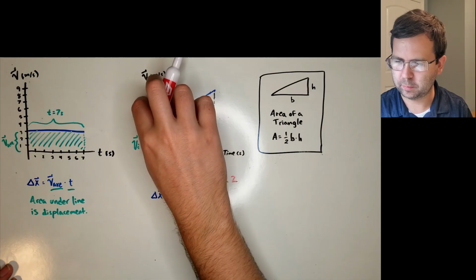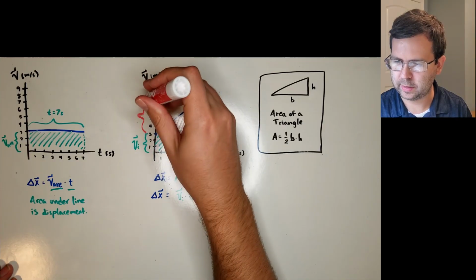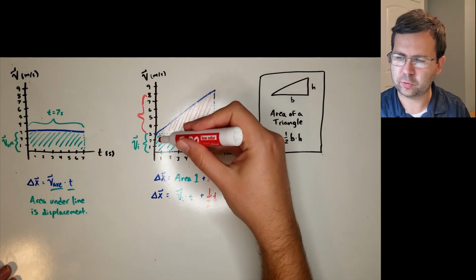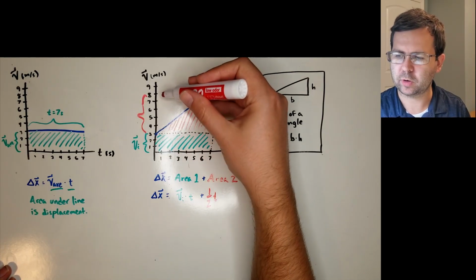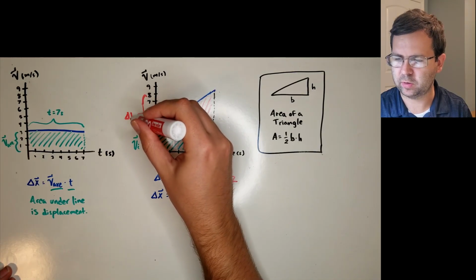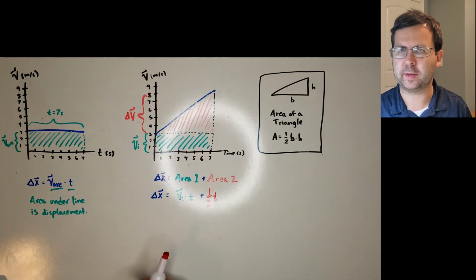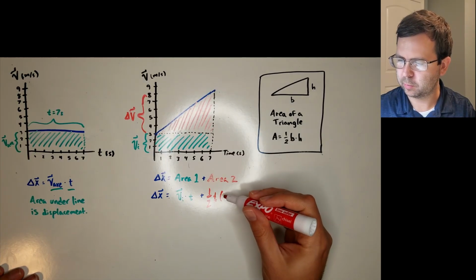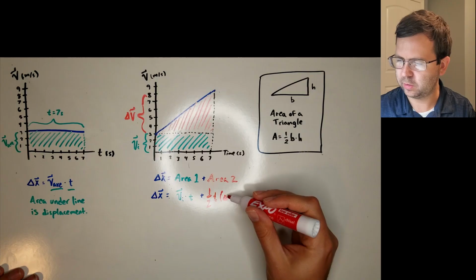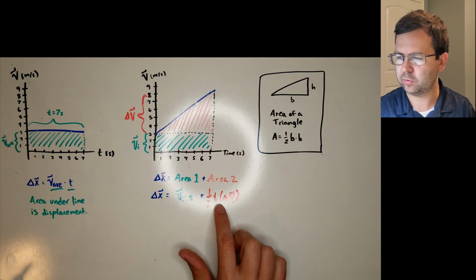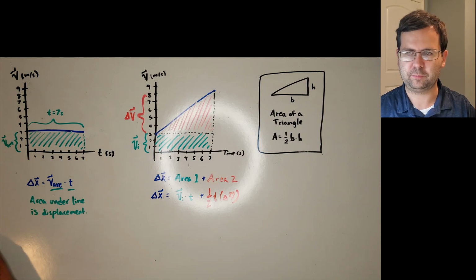It goes from 3 to 8. And this increase in our velocity is also known as just the change in velocity right here. So we'll call that delta V. And so I'll put in right here in parentheses the change in velocity for area 2. So we have 1/2 t times the change in velocity.